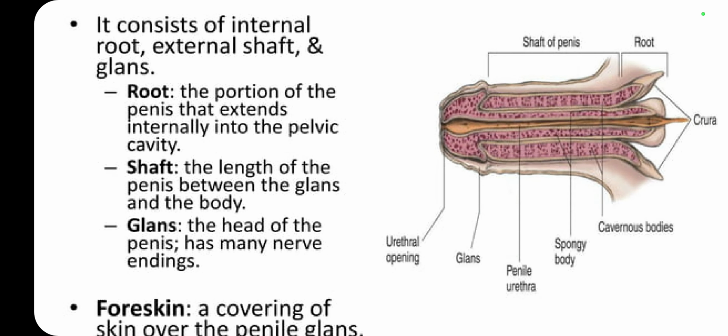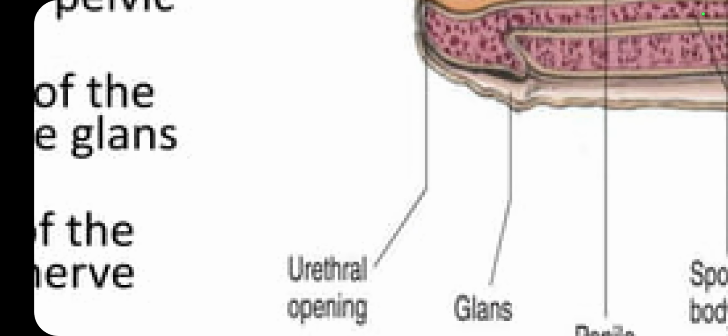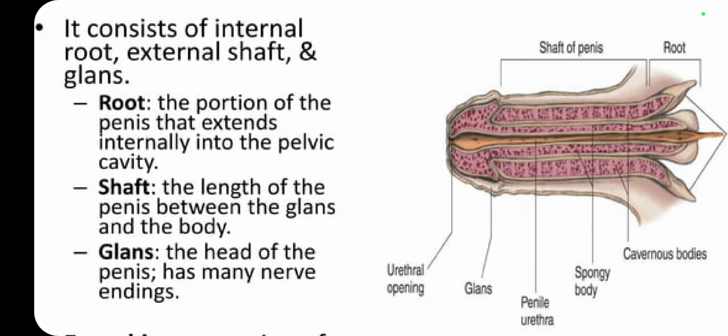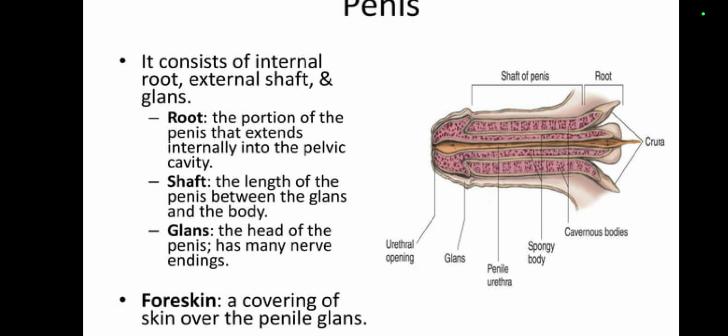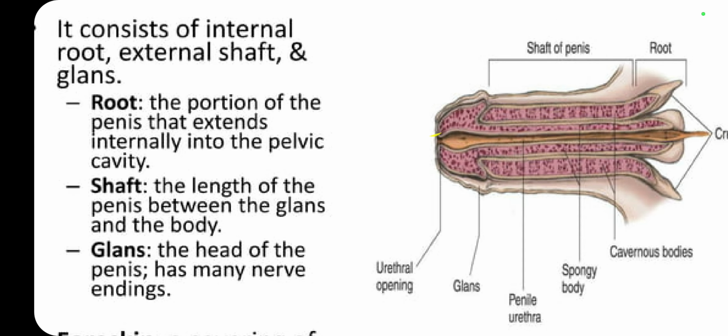Then last, we have the glans. This is the head of the penis that contains many nerves. Okay, so as you can see here, we have the glans. Again, we have the root. It is the portion of the penis that extends internally into your abdomen portion or pelvic floor, while the shaft is the reason why the penis will extend by length, while the glans is the head of your penis, and usually the nerves can be found in this glans.